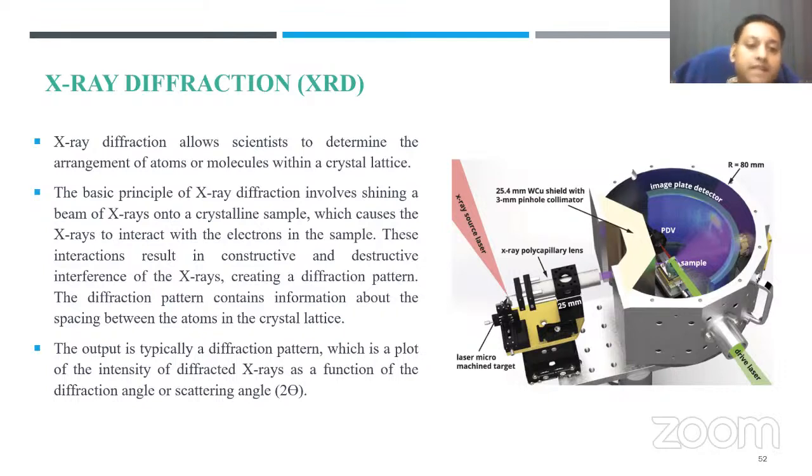Now that atomic spacing information tells you whether it is crystalline or not, and if it is crystalline, then what different crystalline planes are present, which is an indication of the material.